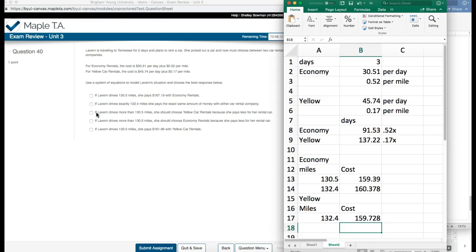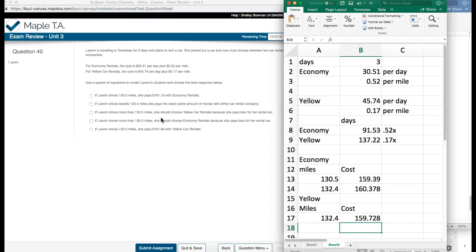Let's try the next one. If Laverne drives more than 130.5 miles, she should choose yellow car rentals because she pays less for her rental car. Okay, another way of doing this one, we can visualize what the two lines look like, or we can find some more points to see where they intersect and which one ends up costing more and less.